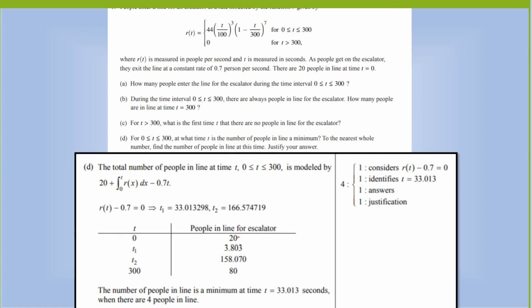We started at 20. We had a relative minimum, a relative maximum, and our endpoint, which was 80 that we'd already solved for. The only ones we didn't know were the minimum and maximum, and since we can't have an absolute minimum at a relative maximum, we knew it had to be the minimum or the start point or endpoint. Since we went down from the start point, we knew it had to be the minimum.